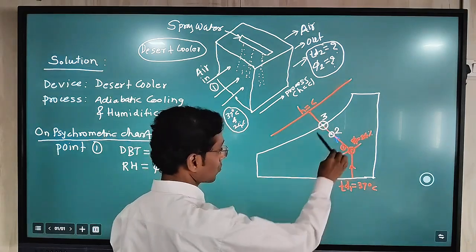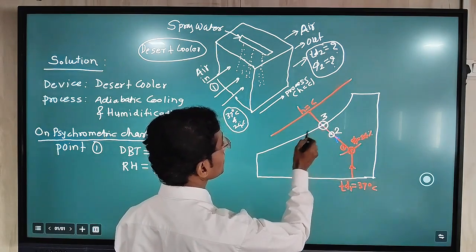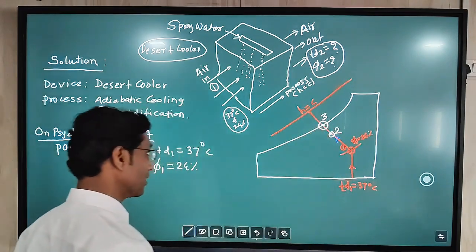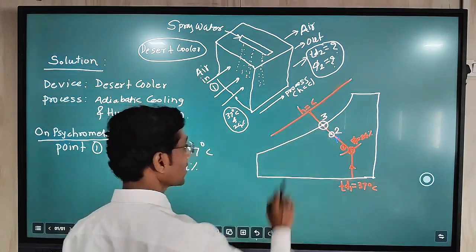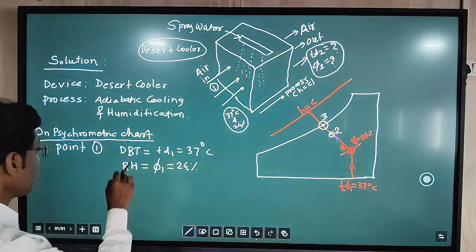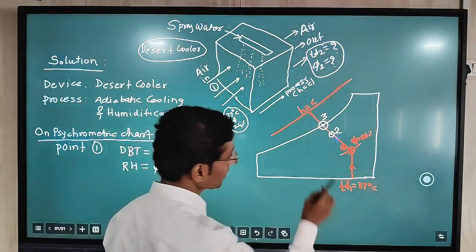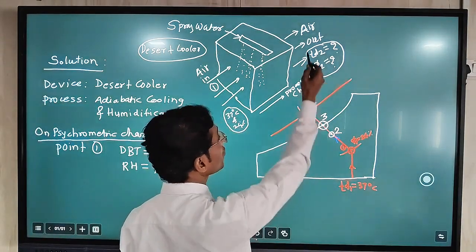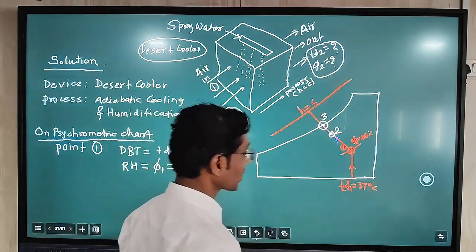If you draw this line, it will touch the saturation curve at point number 3. There it will be 100% efficiency on the saturation curve. But as the efficiency given for this process is 75%, point number 2, that is the outlet air condition, we will find on the psychrometric chart.